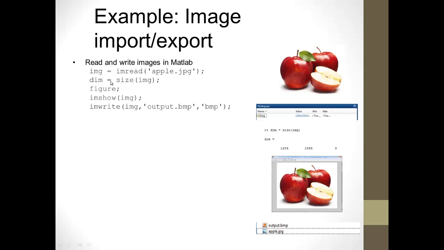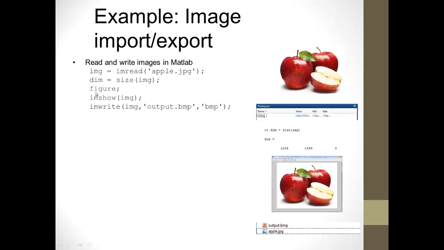You will find this image matrix is n by m by 3, which means this is a true color image. I remember we can use size to find the dimension. Also, from the workspace, you can find the dimension there.